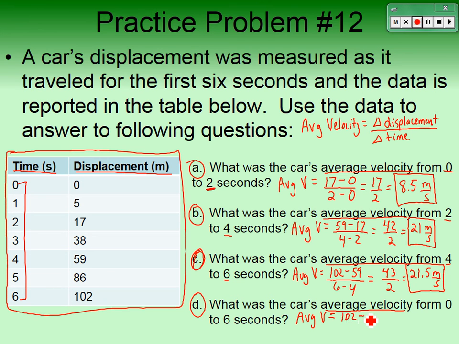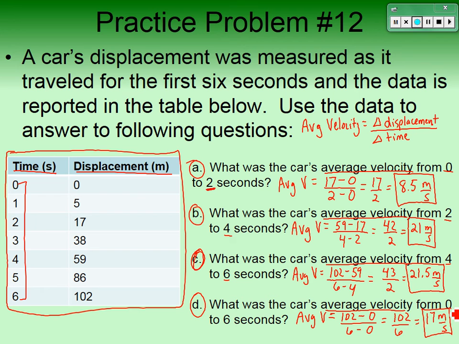The initial is 0 seconds this time, so it's 0 meters, divided by time final, which would be 6 seconds, minus time initial, which is 0. So this is going to be 102 divided by 6, and that's 17 meters per second.